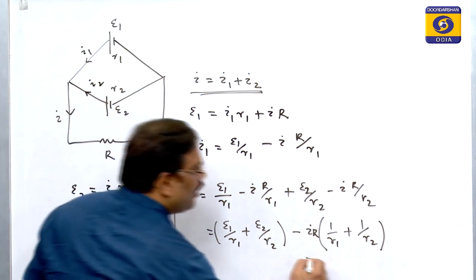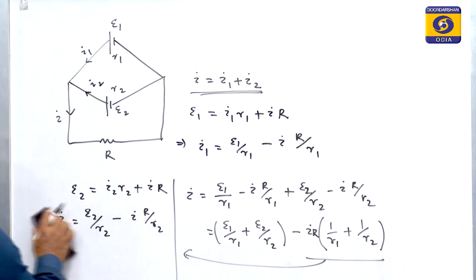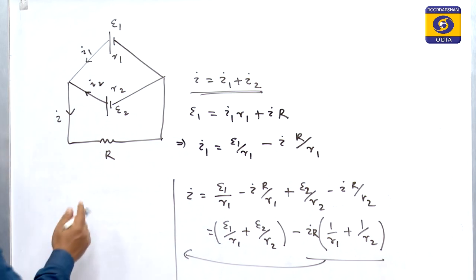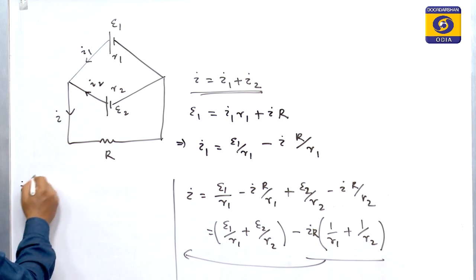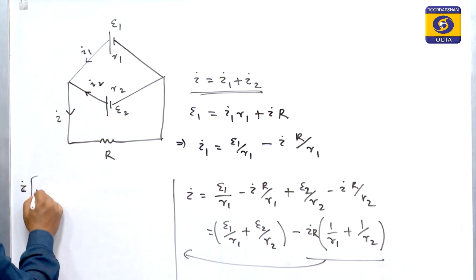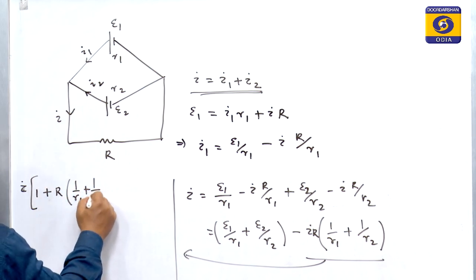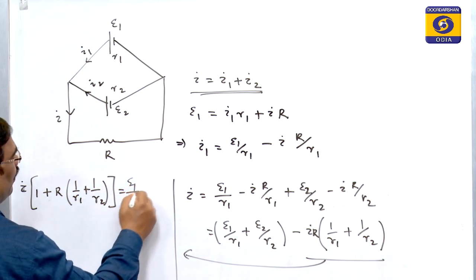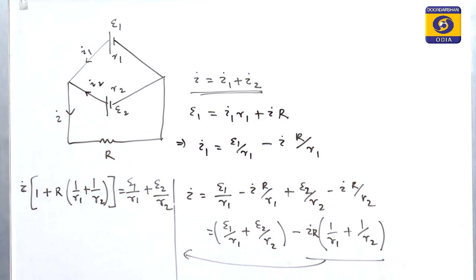Now, let us take this term to the left side. So, I have I into 1 plus R into 1 by R1 plus 1 by R2 equal to E1 by R1 plus E2 by R2.